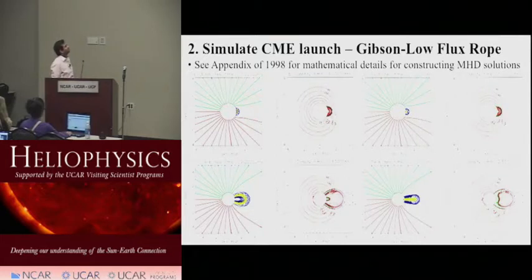This I just pulled out from Gibson-Low's paper to show the actual flux rope itself of what the mathematics provide. And I wanted to show this rather than the equations because the equations are pages of maths in an appendix and unnecessary for you guys to go through in detail unless this is a particular area of research you're doing.